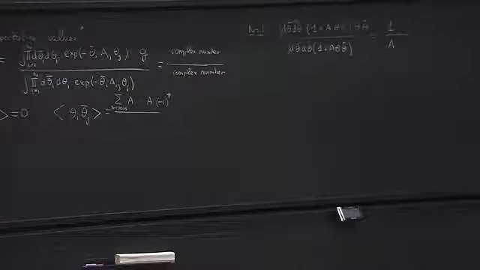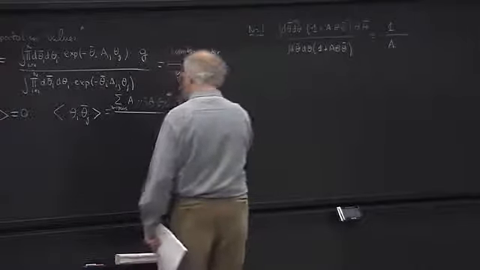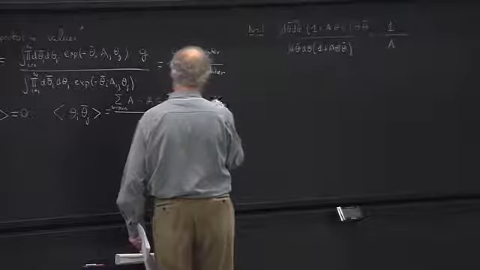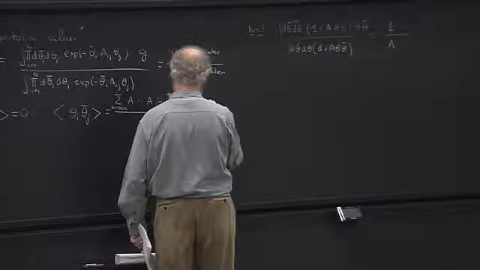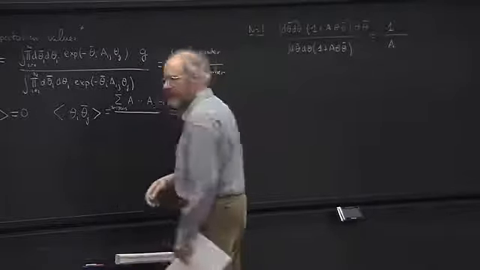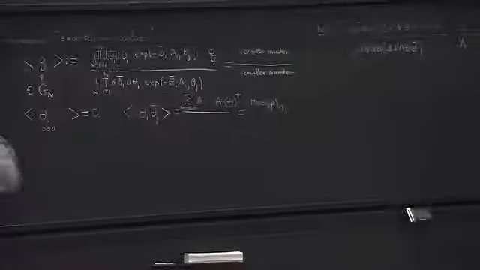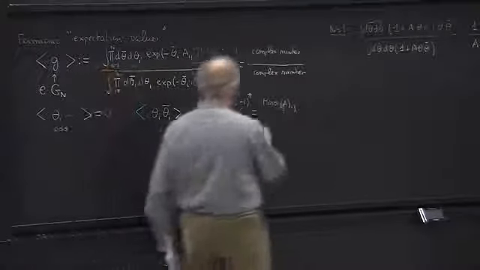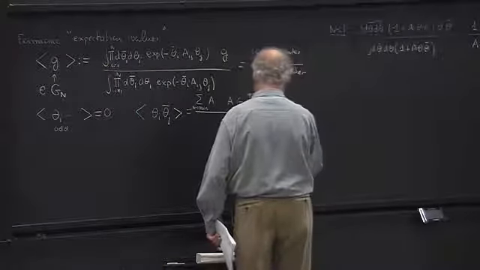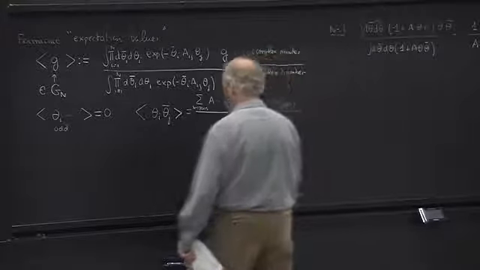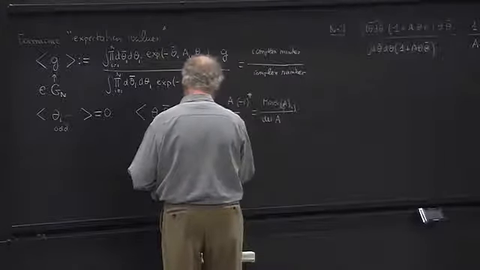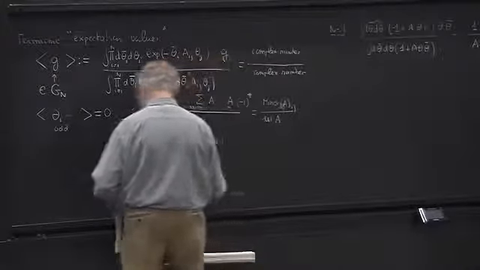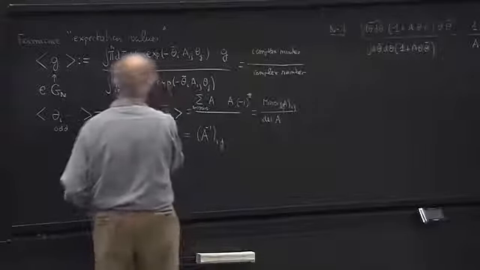Okay, and at the numerator, you discover that this is simply the minor IG of A. So the determinant of the matrix A when you remove the line I and the column G, divided by the determinant of A. So this is nothing but, in fact, the element IG of the inverse of the matrix.